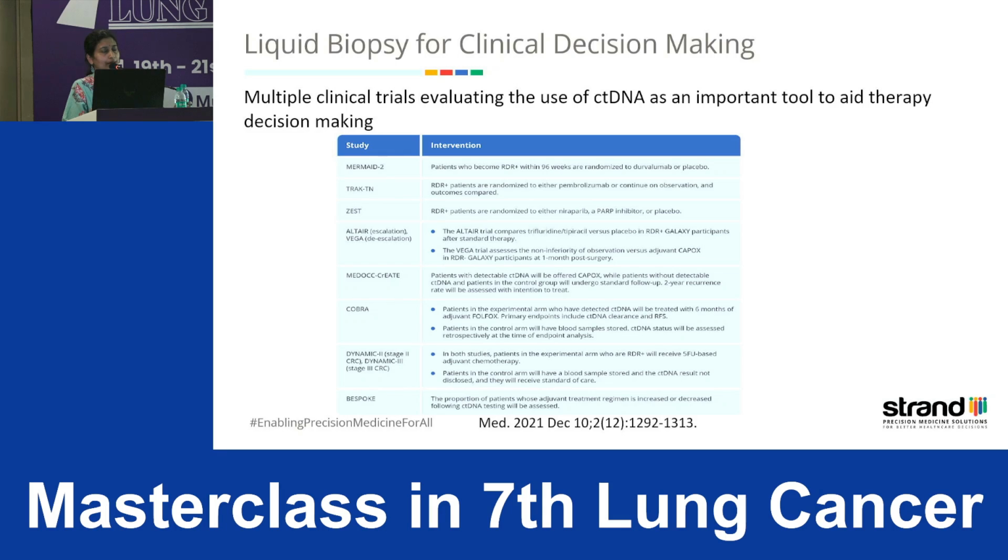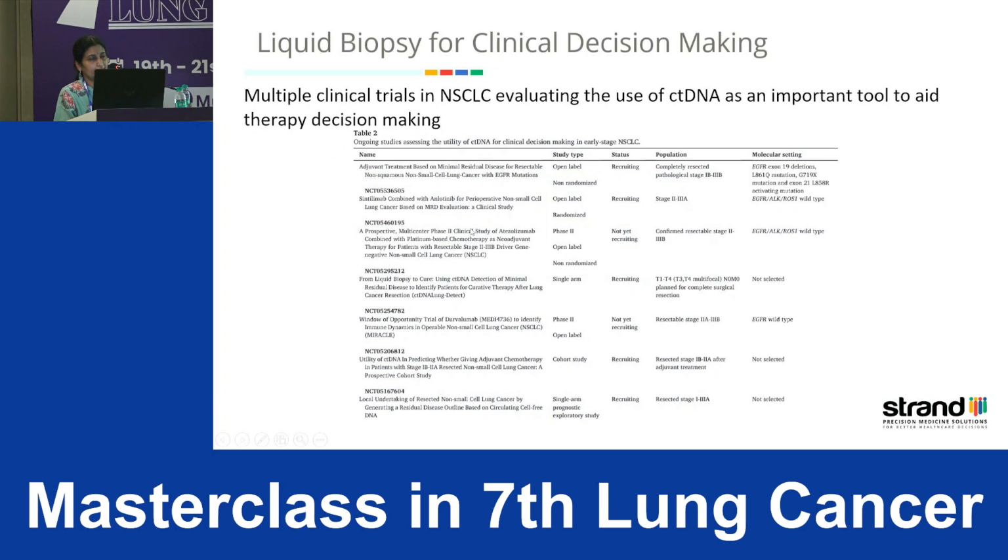So there are multiple clinical trials evaluating the use of circulating tumor DNA as a tool to aid therapy decisions. We heard today lots of talks about adjuvant therapy and when you should give ALK inhibitors, when you should give EGFR inhibitors, and some of the talks did talk about whether cell-free DNA can be used as an indicator. It's not yet such a clear indicator, but there are lots of studies talking about it, especially in NSCLC.